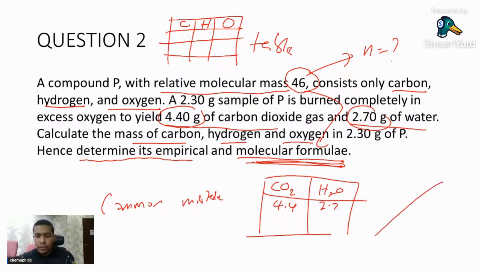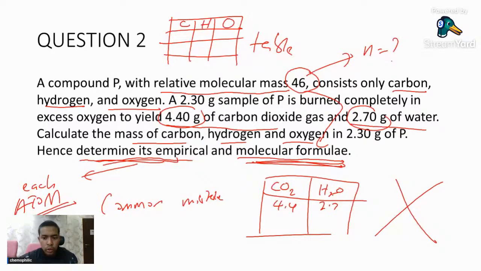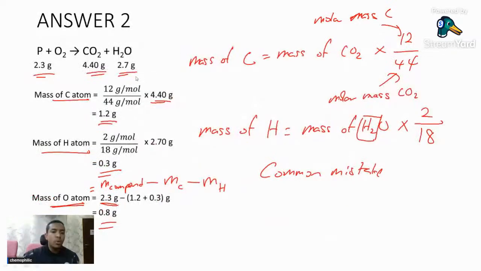So this is wrong. Okay, because you have to understand when we talk about empirical formula, this relates to each atom. Okay, CO2 and water, these are not atoms, they are molecules. So that is why we cannot use directly the information given in the table to solve, which is why we need to calculate each one of the masses first, okay, before we do the table.